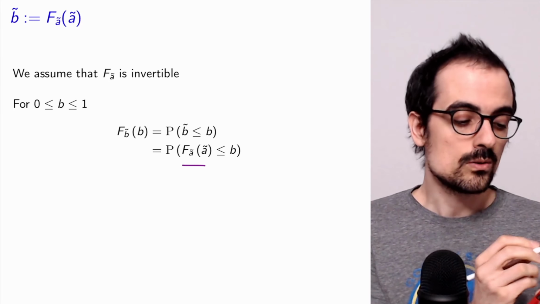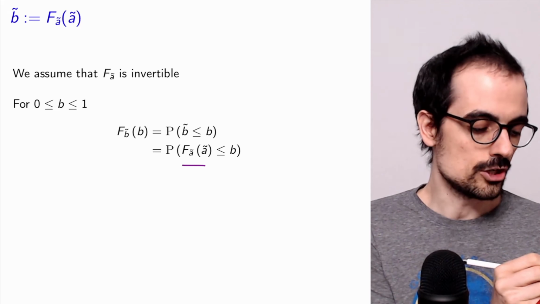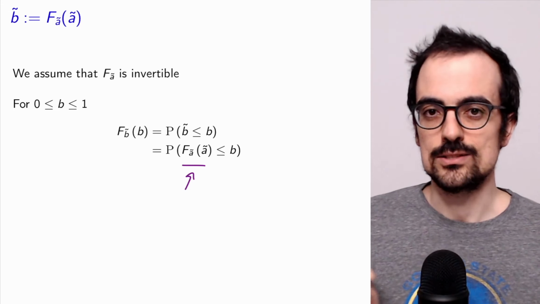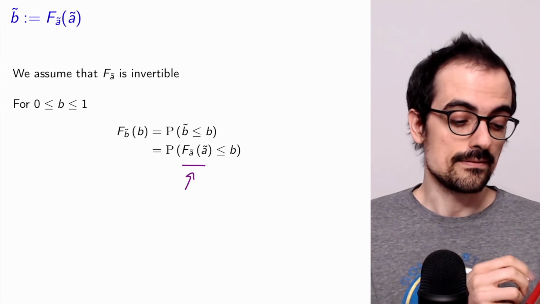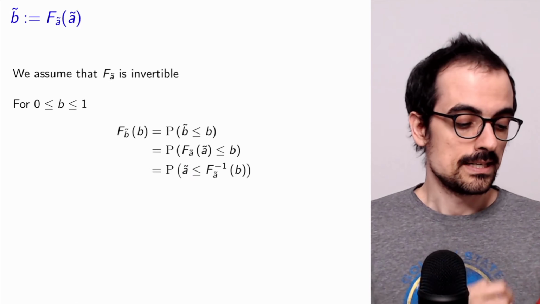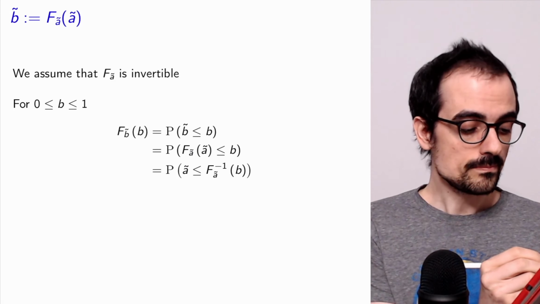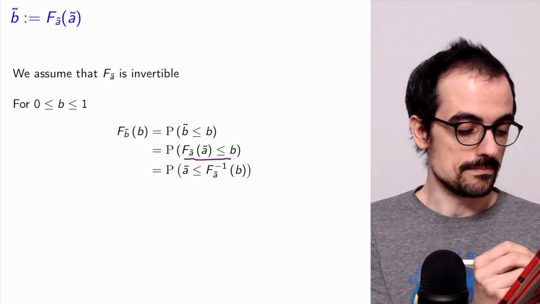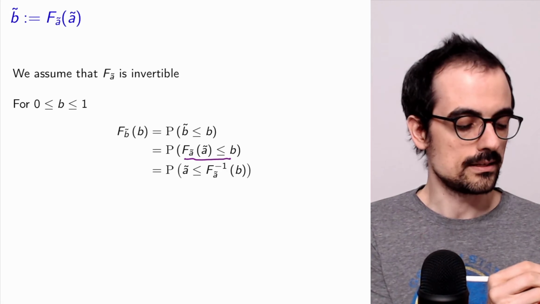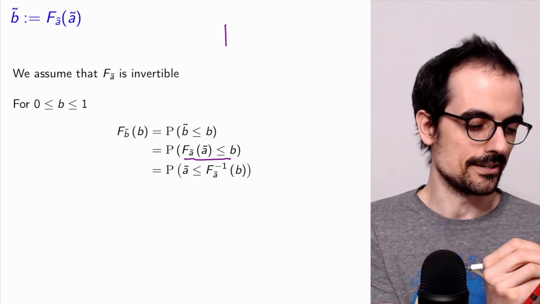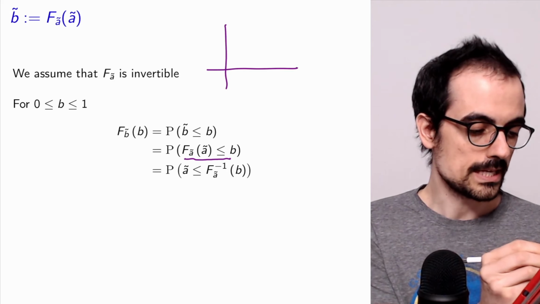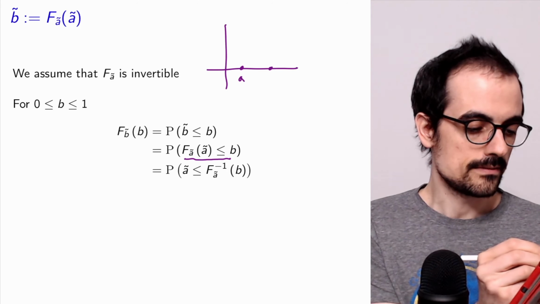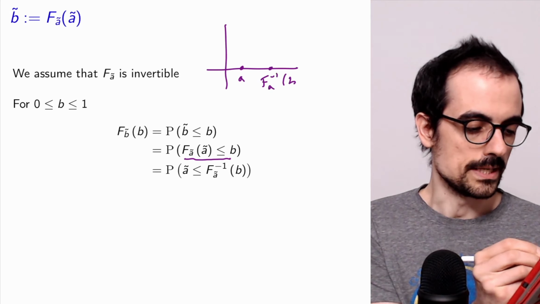And now here we would love to have this just in terms of A, not of A plugged into the CDF. In order to do that, we're going to use the fact that we're assuming the CDF has an inverse. The event that the CDF is smaller than B is equivalent to, okay, let me draw a picture here. So here what we're saying is we have A, and we have F_A inverse of B, okay?